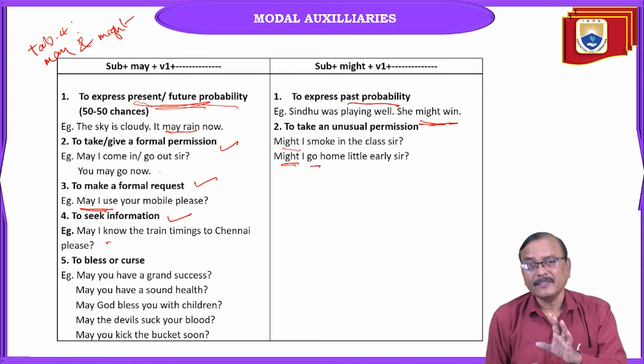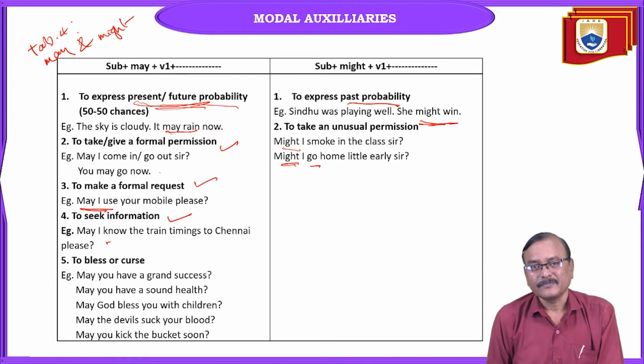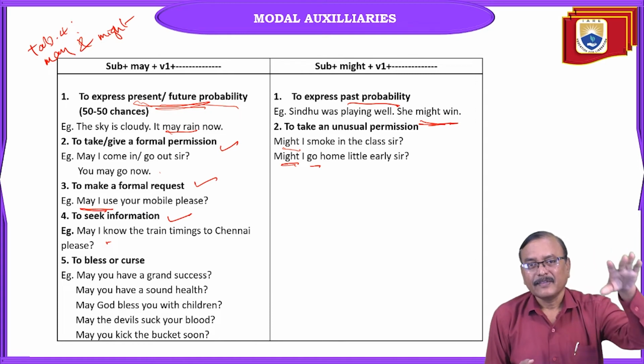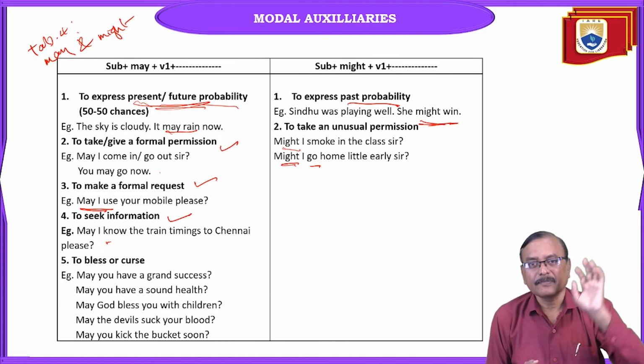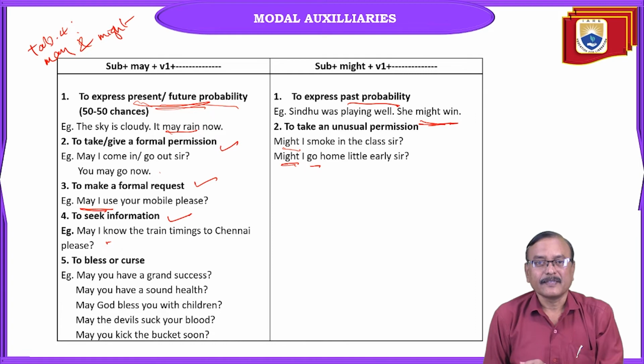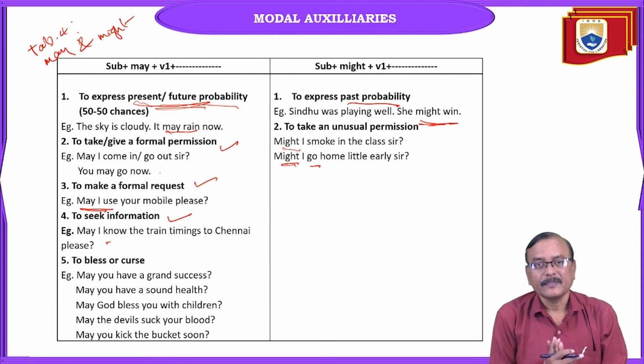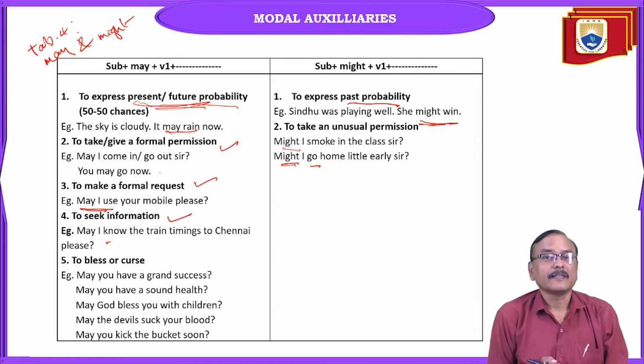Don't ask anyone what is your name, unless they are very young kids, whom you can address casually. Otherwise, better use "may I" only. May I know your good name please? Just to seek information. May I know the details? May I know the train timings?